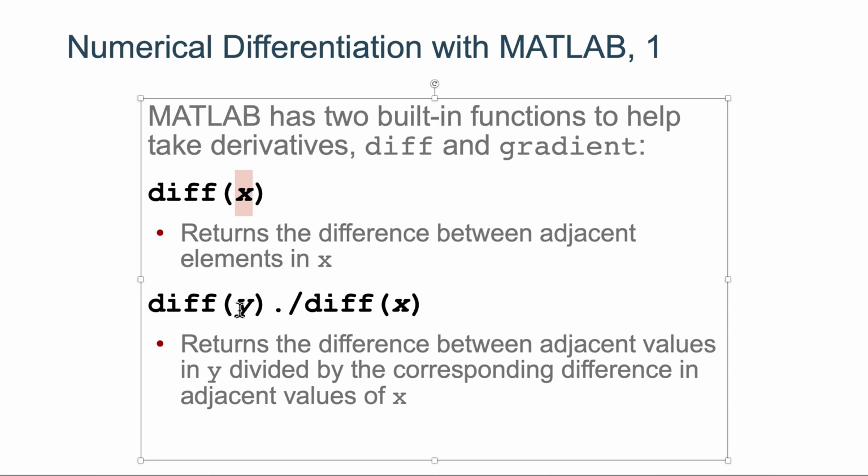So let's say you have f of x or y of x, right? Which means a function f evaluated at some values x, you can estimate the derivative by dividing the difference, or the subtraction between adjacent samples in y over the subtraction of adjacent samples in x, right? That's our delta y over delta x formula. And that's the very basic approximation. That's the first order finite difference approximation of your derivative of the function y.